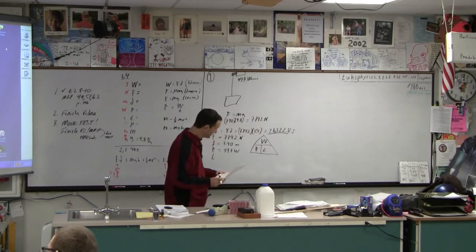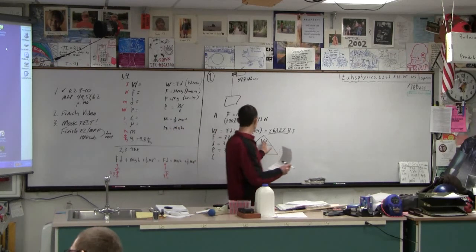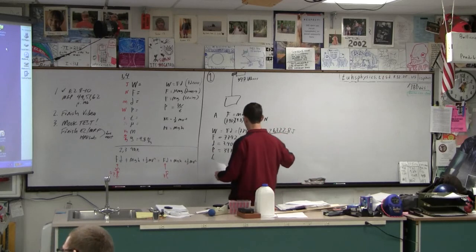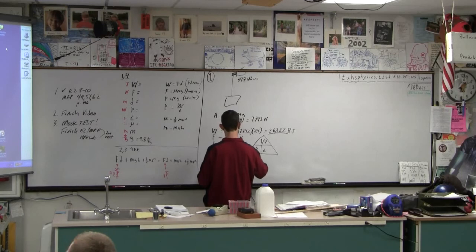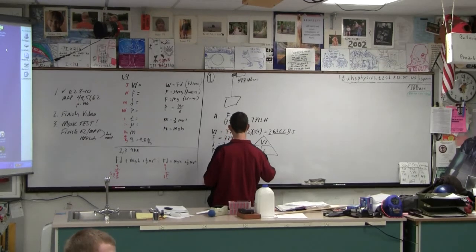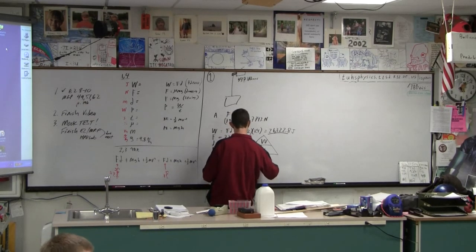So time is going to be work divided by power, so I'm just going to divide 26322.8 joules divided by 347 watts.